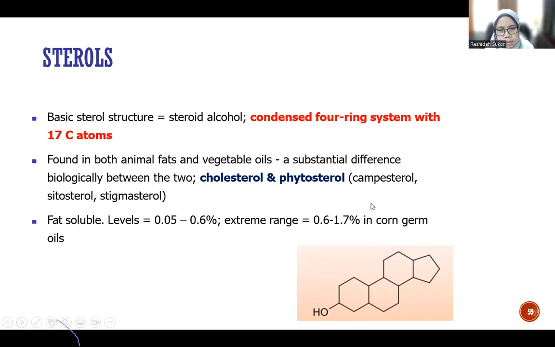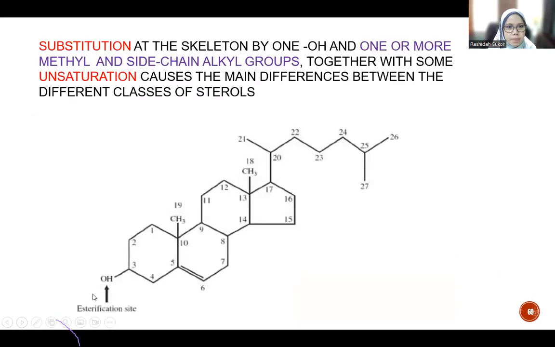It is found in both animal and vegetable oil, cholesterol and phytosterol. The fat solubility range depends, from 0.05% to 0.6%. This one is the substitution at the skeleton by one OH and one or more methyl and side chain. This one is just to show. Later in part 2 you can see more about the interesterification procedures.